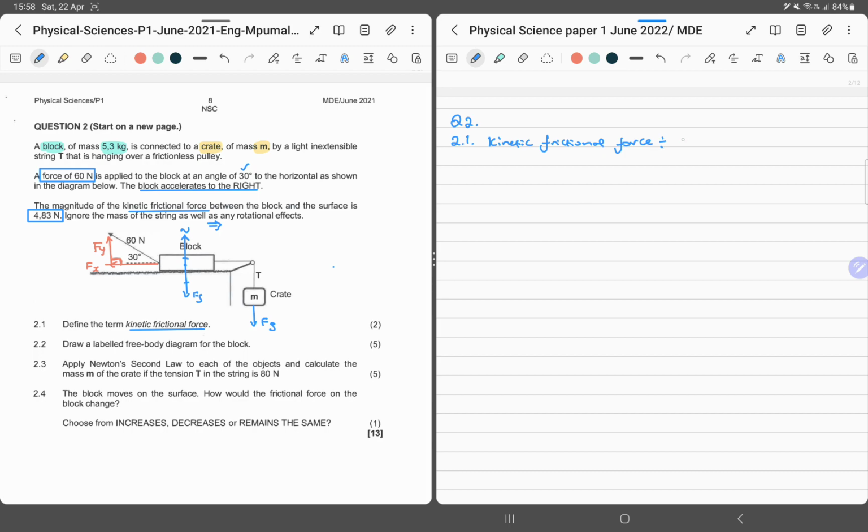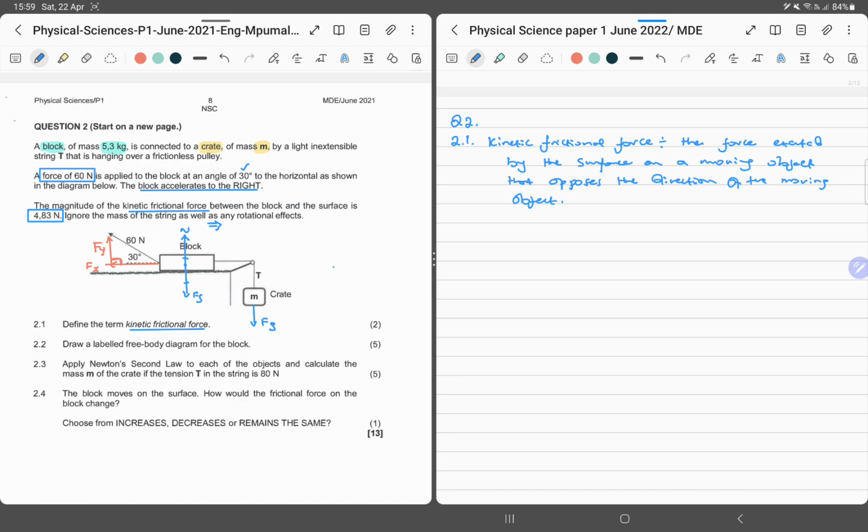So what is that? This is the force exerted by the surface on a moving object, okay, that opposes the direction of the moving object.